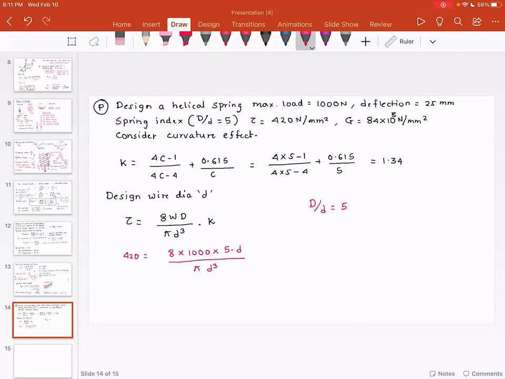Pi d cube multiplied by Wahl's factor. And once you solve this equation, the only unknown in this equation is the value of d, which is 7 millimeter. Once you know the wire diameter, you can find the coil diameter, which is C times d.